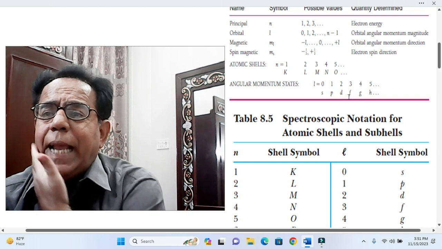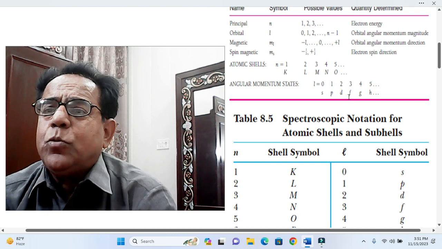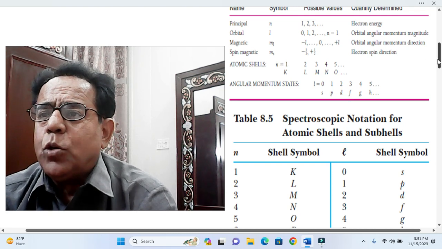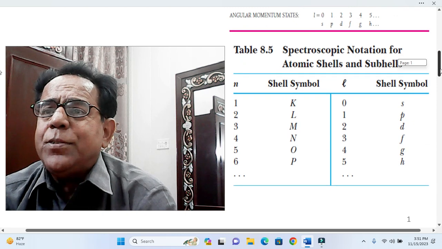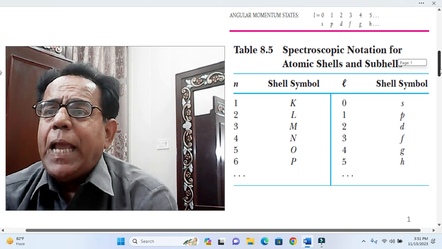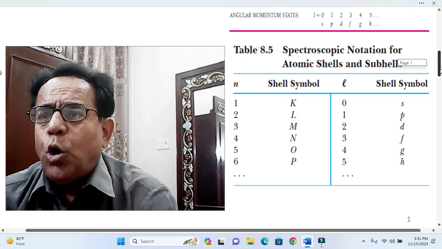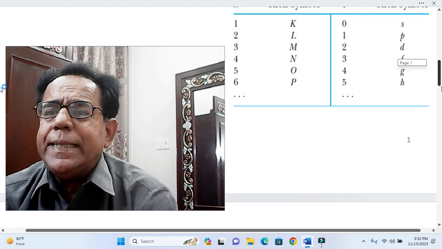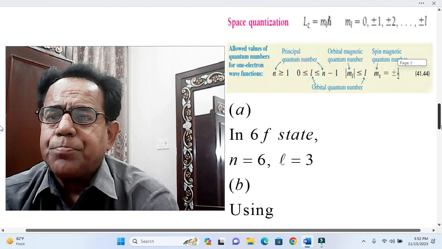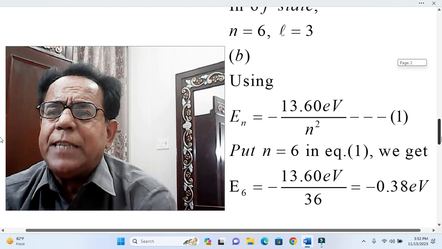In the nF state, n is equal to 6 and l is equal to 3, because F is below 3 and 3 is l. Okay, so part A has been solved.